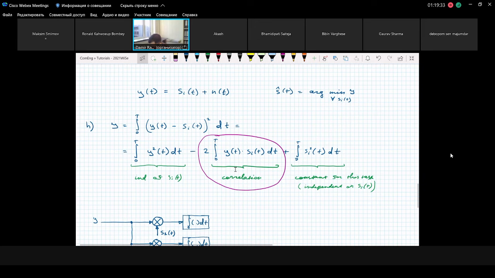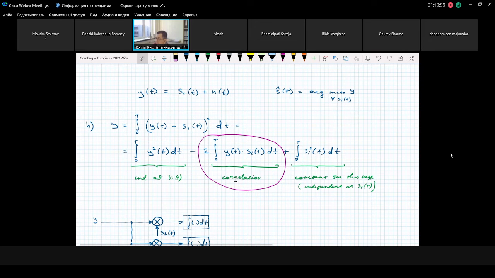But if we look inside after we open the parentheses, we actually see that we can minimize the original cost function if we maximize the output from the correlator. So we want to minimize cost function J, but this minimum of the cost function will correspond to the maximum from the correlator.